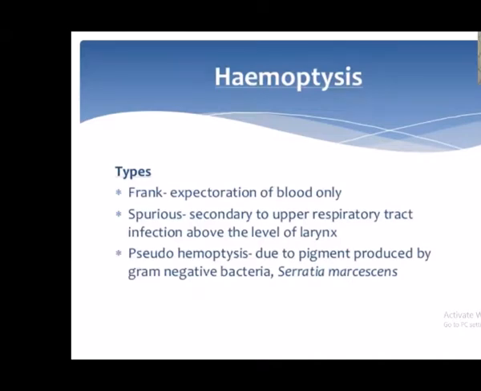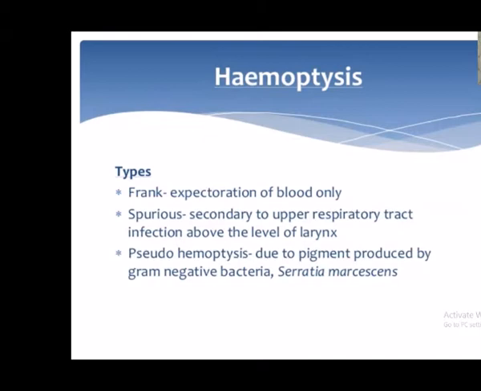Hemoptysis: frank blood. Spurious hemoptysis is secondary to the upper respiratory tract. Usually when we call it hemoptysis, it is something coming from below the larynx.